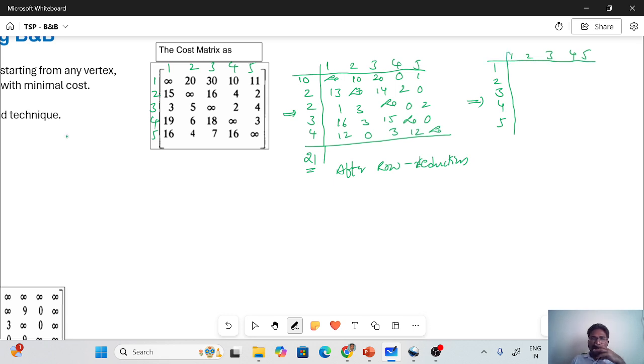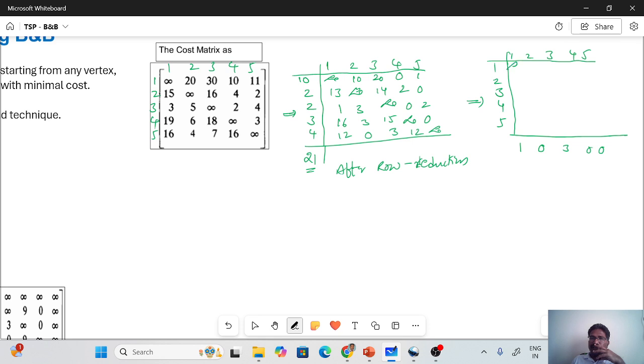In the first column, the minimum value is 1. For the second column, 0. For the third column, 3. For the fourth column, 0. Fifth column, 0. Now, for each and every column, you must subtract the corresponding column's smallest number.